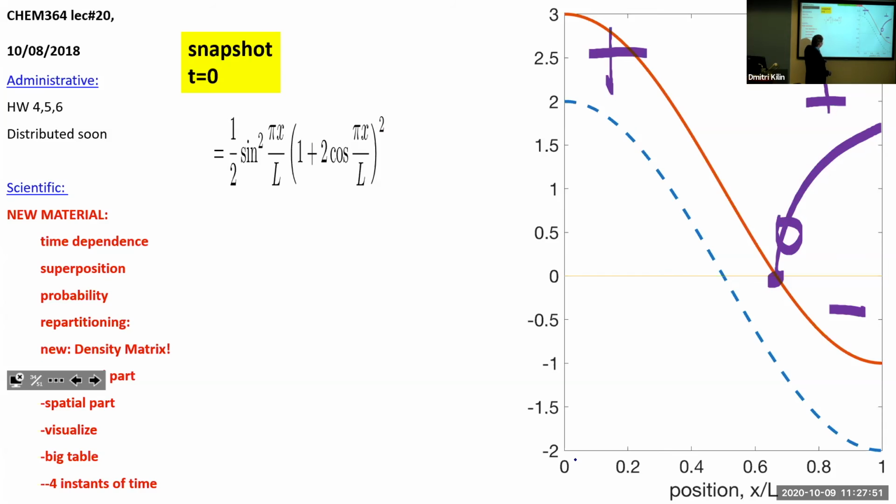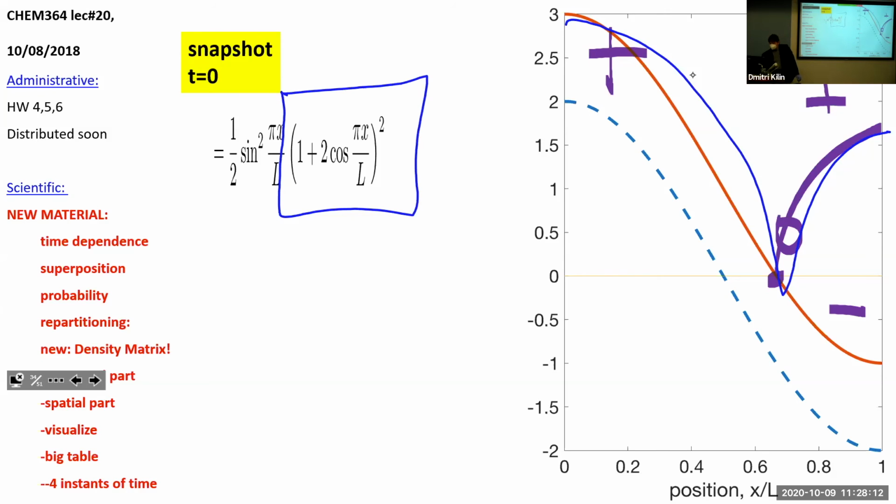So now we take the square. Where it was 0, it will stay 0. Where it was positive, it will be positive. Where it was negative, it will become positive. So we are getting this shape. So we are done with this part.